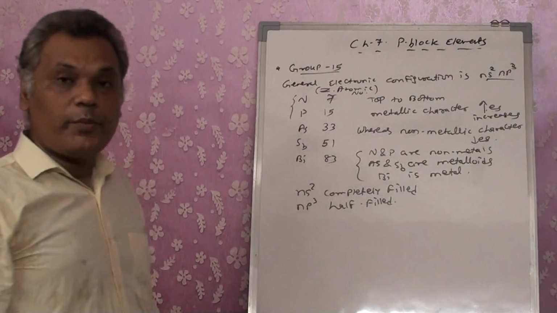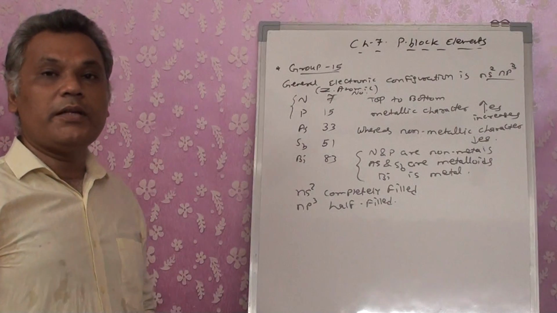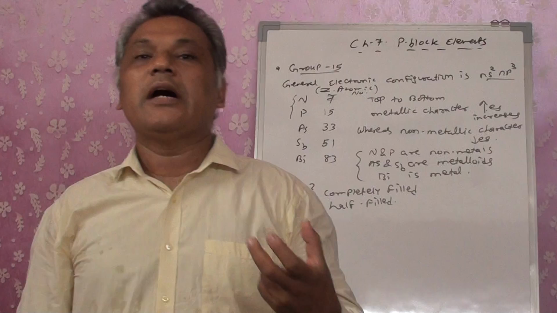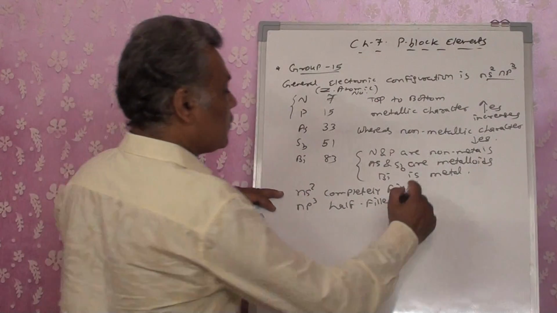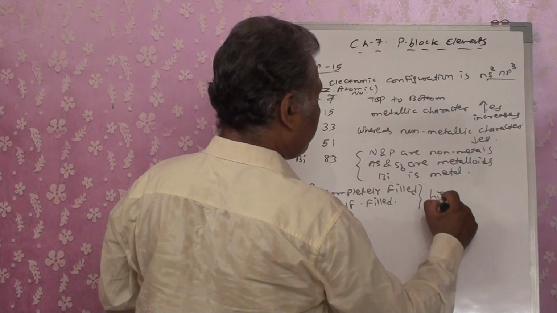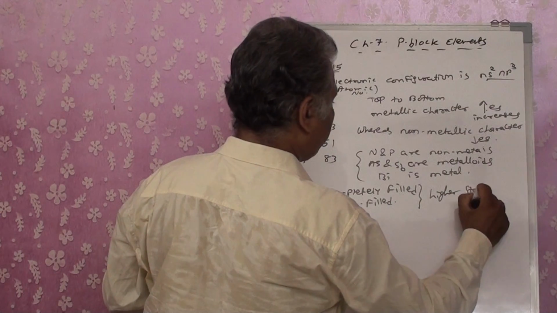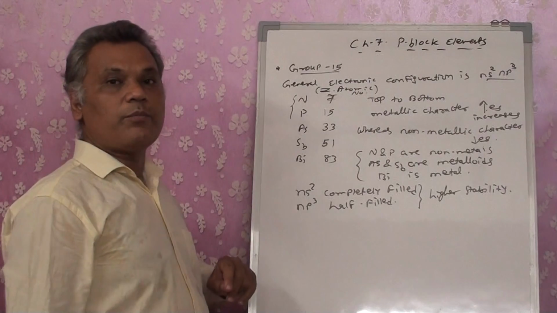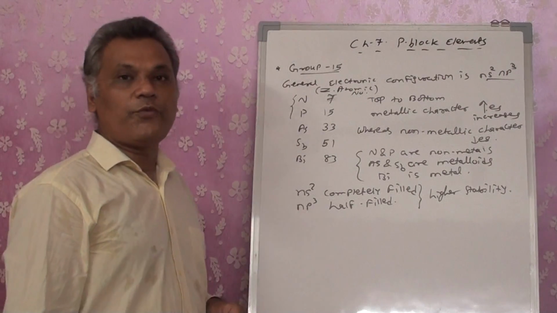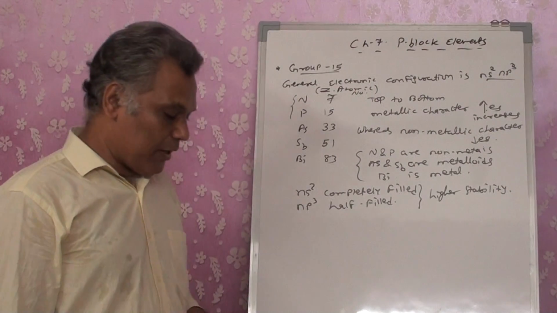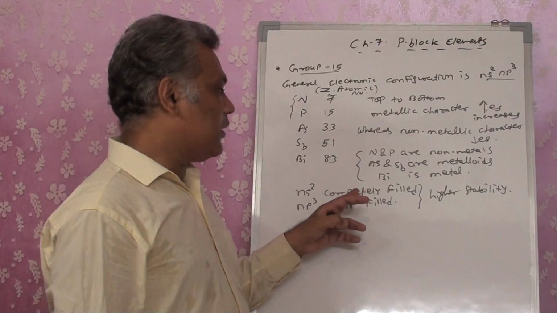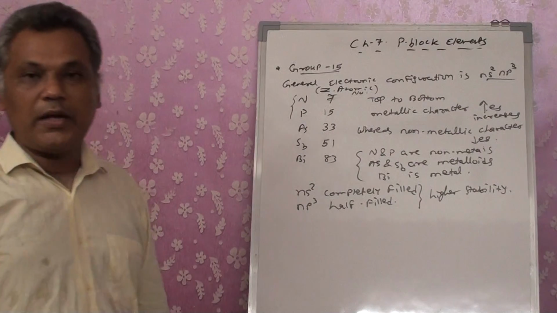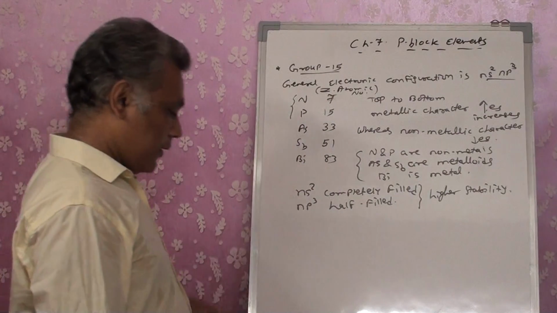The s orbital is completely filled, the p orbital is half filled, and we know that half filled or completely filled orbitals show high stability. What is the reason for the increased stability of the compounds? Because of the half filled orbitals, that rule is applicable here, so the stability of these compounds is in increasing order because of their half filled orbitals, right?